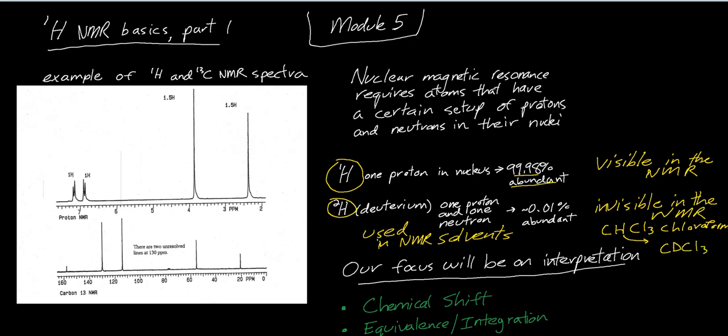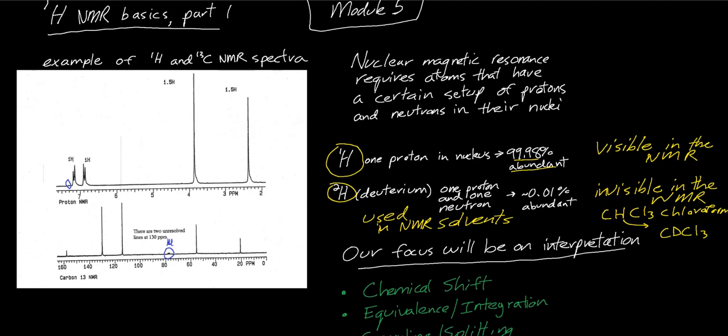The signal for CDCl3 in the spectra on the left is here in the proton NMR. So this is a really concentrated sample where the CDCl3 signal is barely visible. In carbon NMR, the CDCl3 signal is right here, and it actually appears as a triplet of three lines.